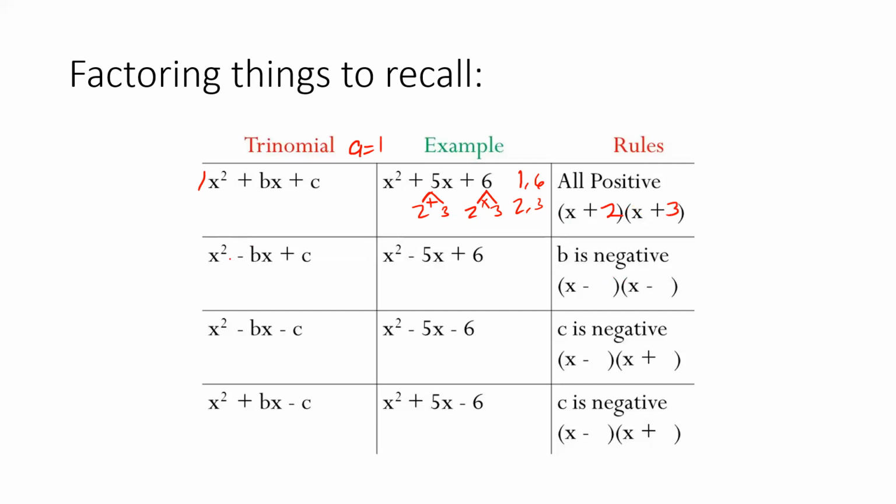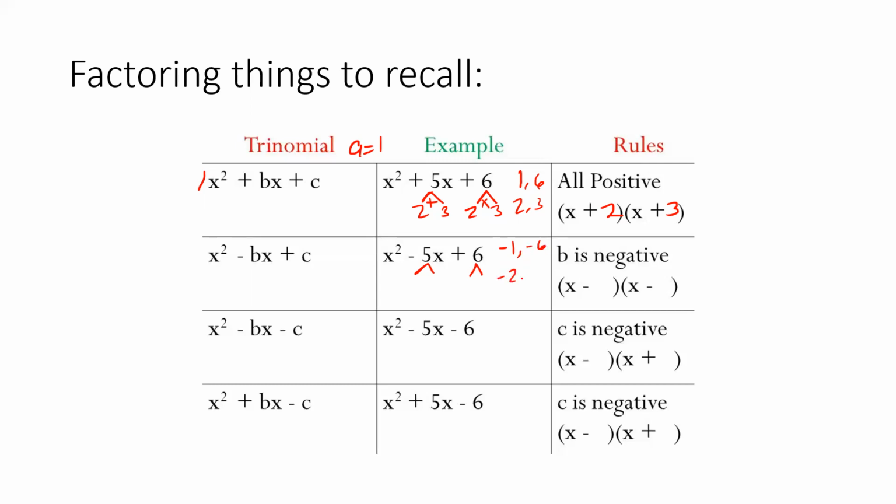Here, I have x squared minus bx plus c. So I want a positive product, but a negative sum. Well, the only way that you can get a positive product is either having two positive numbers or two negative numbers. So if I had 1 and 6, we know 1 and 6 doesn't work, but if we have negative 1 and negative 6, that doesn't work either.